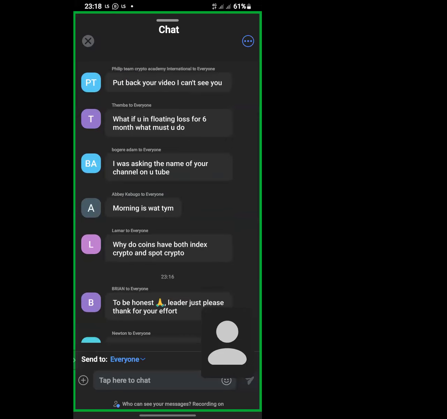Spot is important. We are looking at spot. The index is the index and the spot is spot. So we shall be looking at the spot. Maybe if you want us to go to index as well, later, thank you.